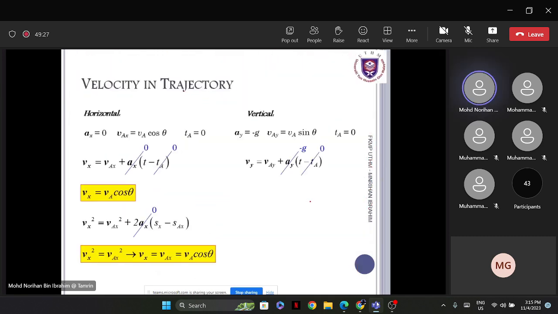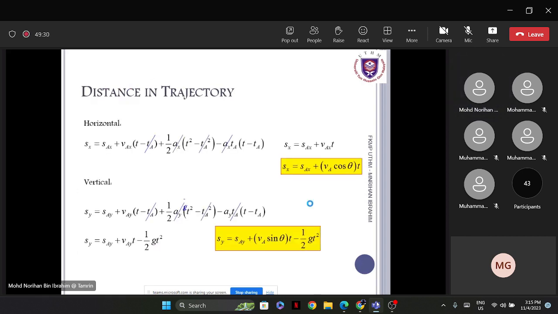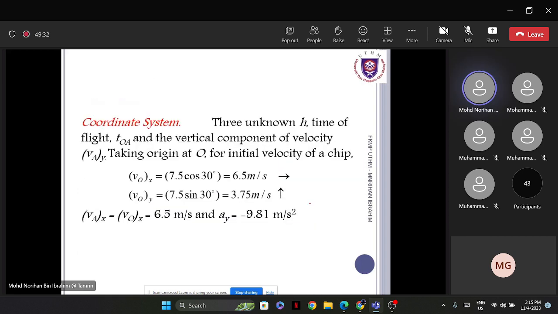It is actually the same, the concept is the same. So the final horizontal velocity is equal to VAX, and the initial horizontal velocity is VOX. Since VAX is equal to VOX, and we obtained VOX in the earlier step, VOX is equal to 6.5 meters per second, and therefore VAX is also equal to 6.5 meters per second.